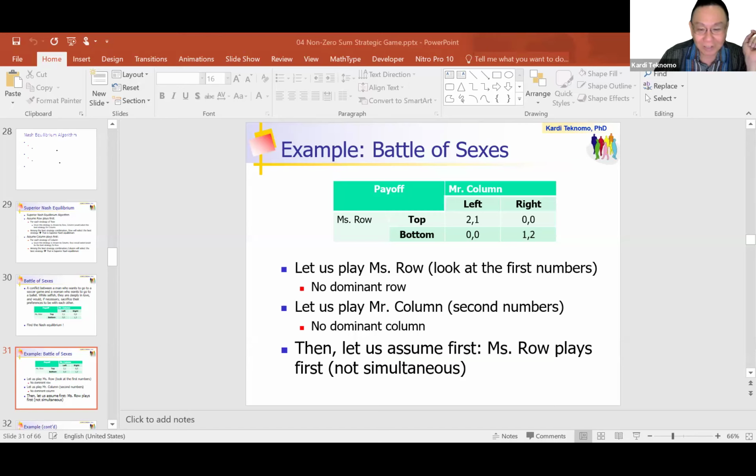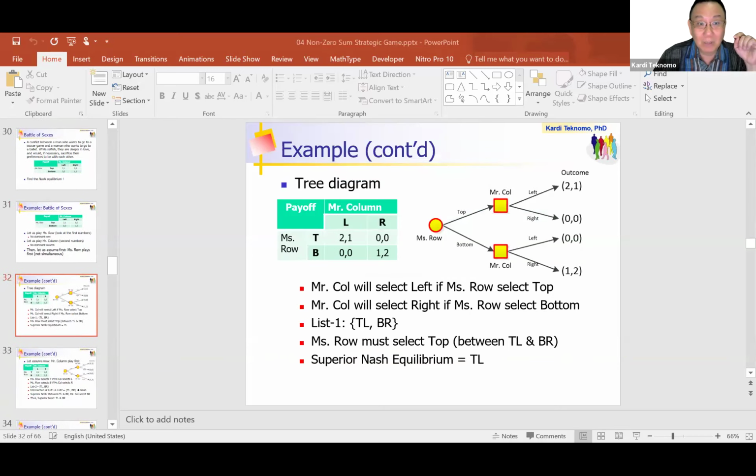Let's assume first that Miss Row will play first, not simultaneously. We can do this with the diagrams, or you can check directly in the payoff matrix. Now, what happens if Miss Row selects top?